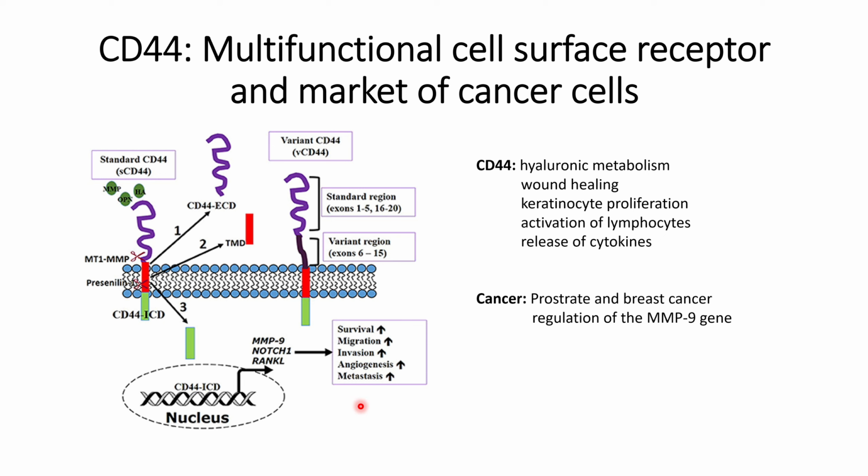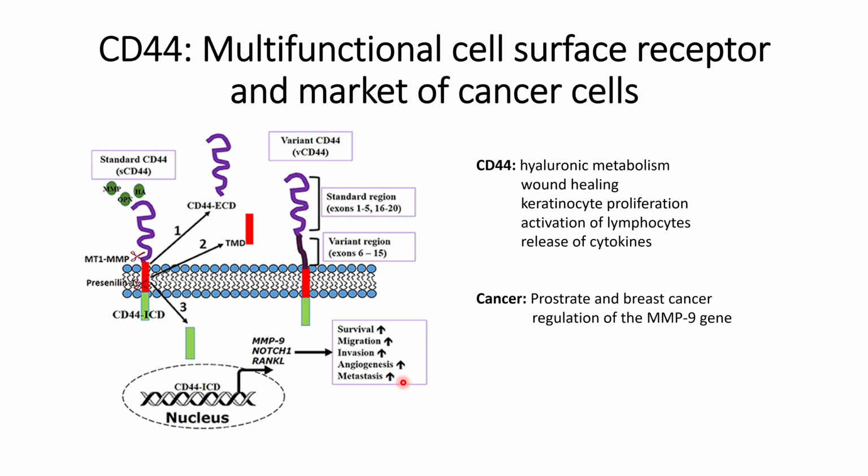And some of the other examples are also mentioned. As we know, normally in a healthy cell CD44 helps in keratinocyte proliferation. So for the cancerous cell it helps in metastasis. As the infectious cell will grow, it will move towards other parts of the body and spread the tumor to other parts of the body.